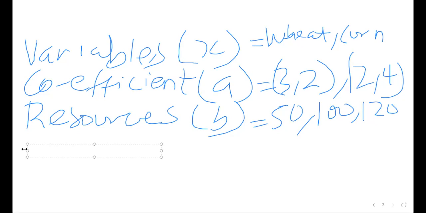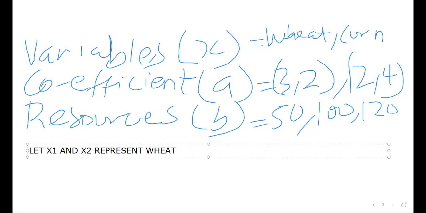Let x1 and x2 represent wheat and corn respectively. Always keep in mind that you are only representing the variables.